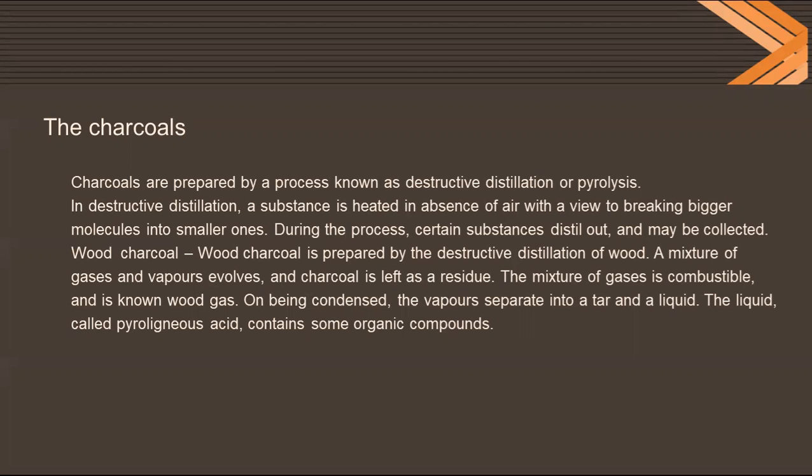On being condensed, the vapors separate into a tar and a liquid, and the liquid is known as pyroligneous acid, and this contains some organic compounds. The mixture of gases is also mentioned here: carbon dioxide, carbon monoxide, and so on.